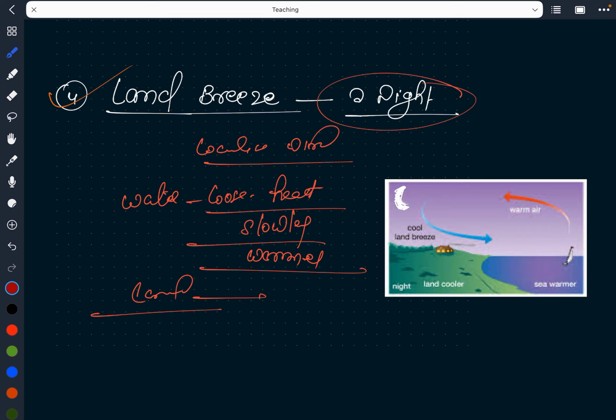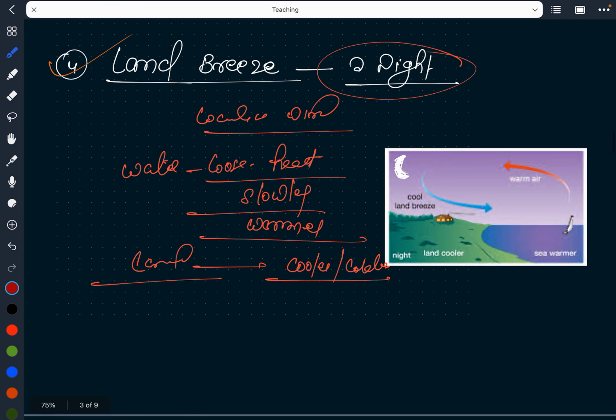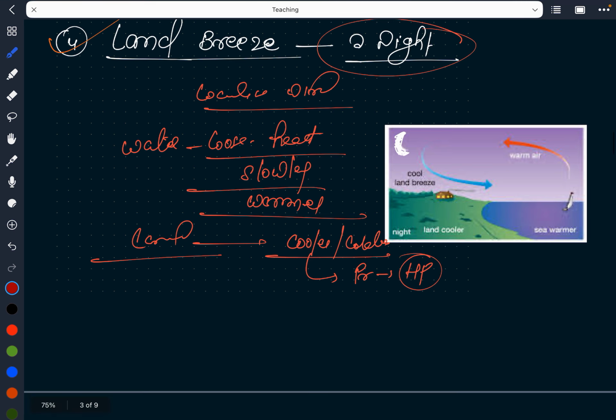After losing heat, it will become cooler or colder. After being cooled, the pressure condition over the land is like a high pressure. Relatively, water is warmer. Please mind the word: relatively warmer. Warmer water will have a low pressure condition.